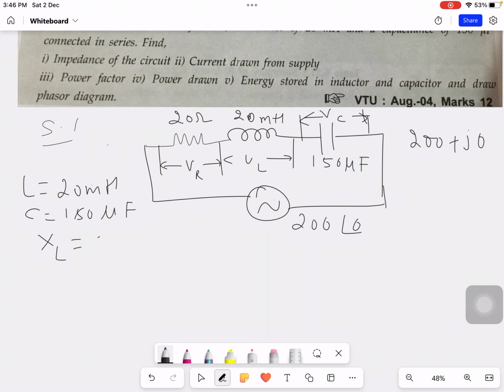XL is equal to 2 pi F L, which is nothing but 2 pi into the frequency. If it is not given also, you can assume it, but now it is given as 50 Hz. 2 pi into 50, now the value of L is 20 millihenry, 20 into 10 to the power of minus 3. Simplify.